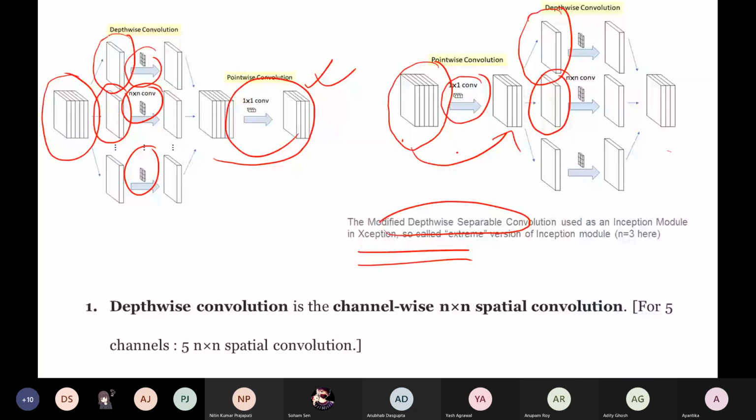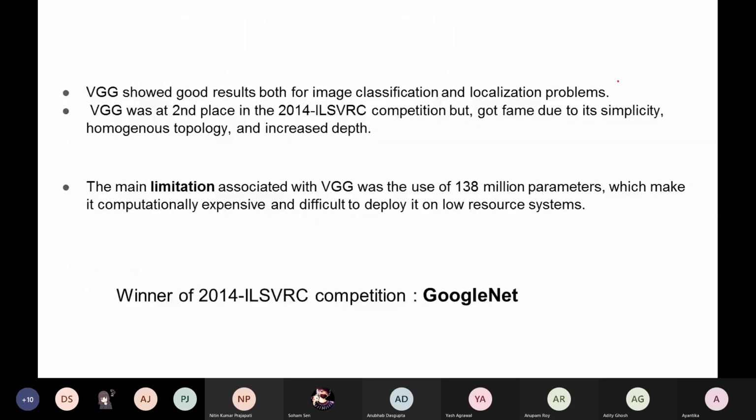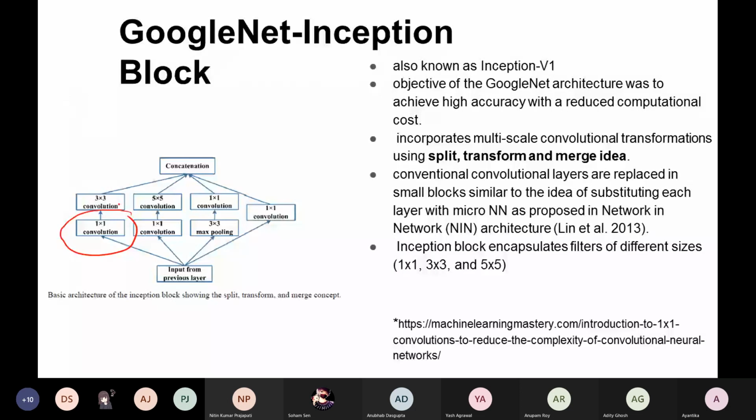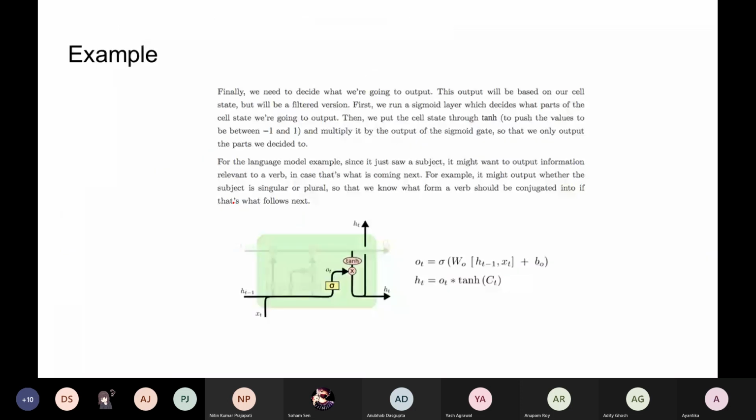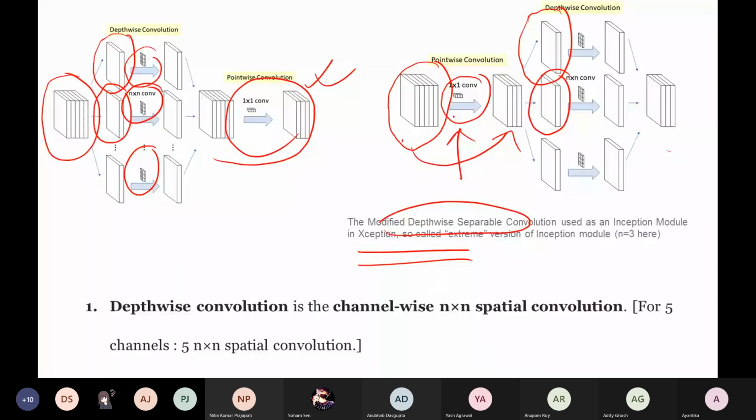If you go back to the inception part that we discussed, you can see we split, and then partly applied the 1 cross 1 convolution. But here in Xception, that's why it is called extreme inception, you are applying the point-wise, 1 cross 1 convolution in one shot.